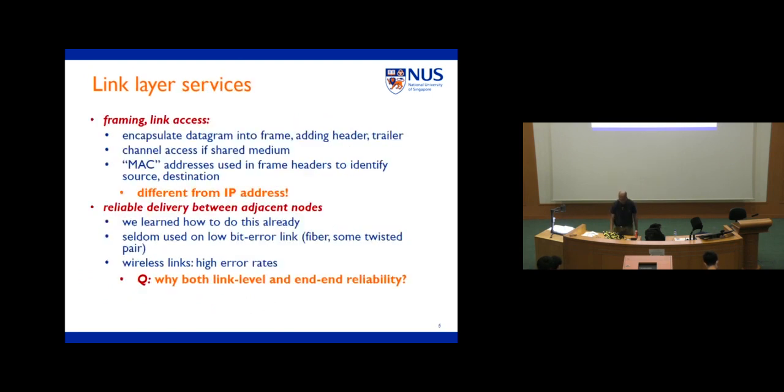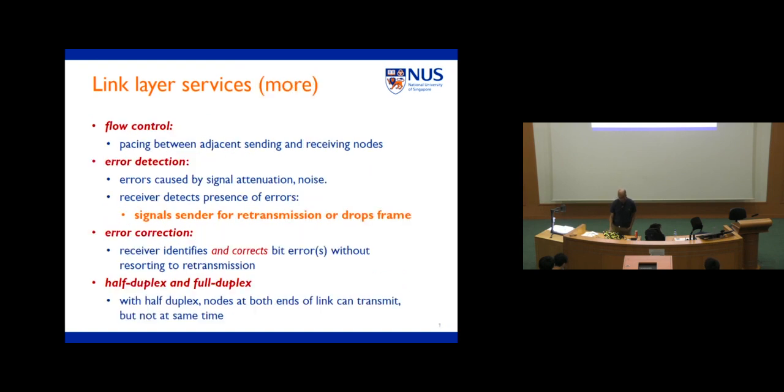So hop by hop. And the kind of things that a link layer may provide, it may provide things such as packetization, framing by adding headers and trailers on both sides of the packet. It may or may not provide reliable data services. So for example, wireless MAC protocols such as Wi-Fi will take care of reliability, but Ethernet and so on, they may not take care of reliability.